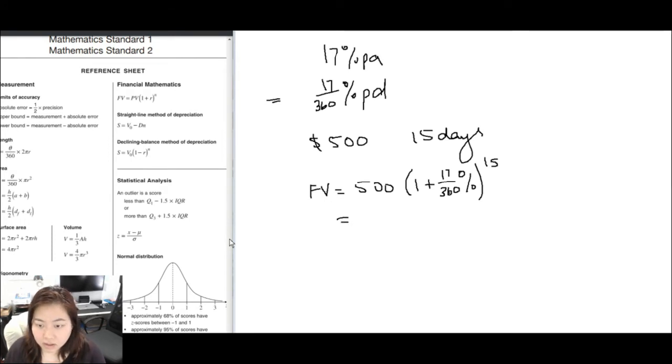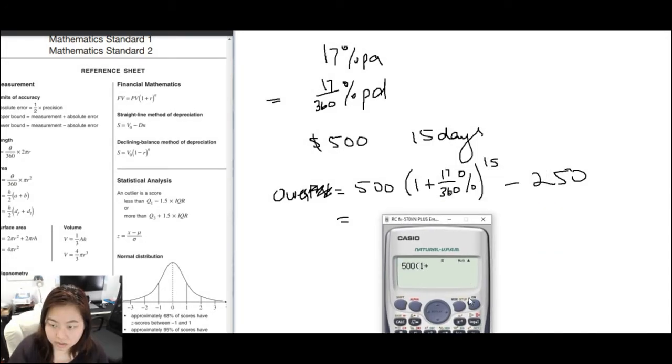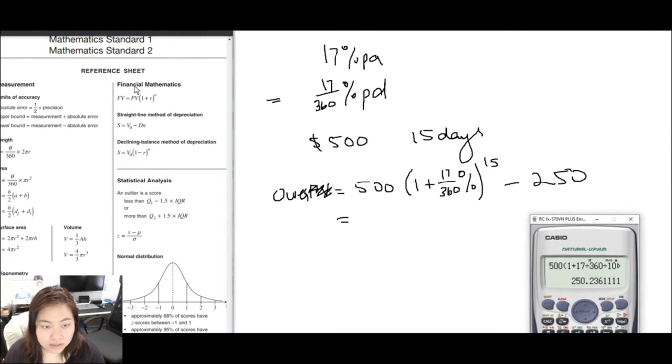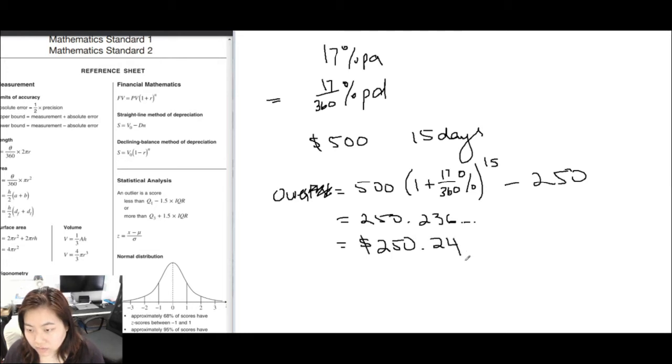Actually, I'm just gonna do it all at once. How much she owes, minus 250 by the end of that. $250.236. She still owes $250.24. That seems so little.